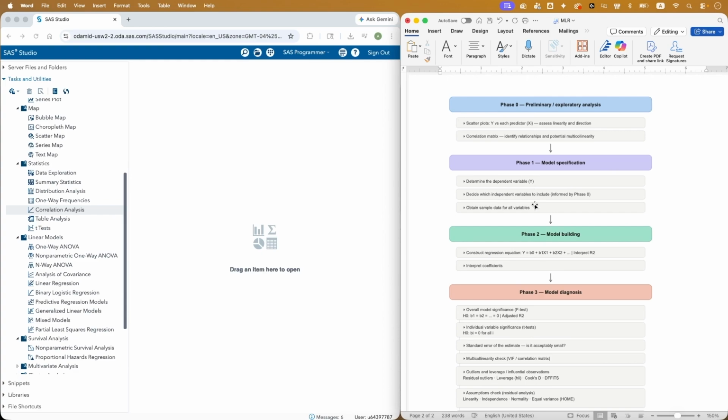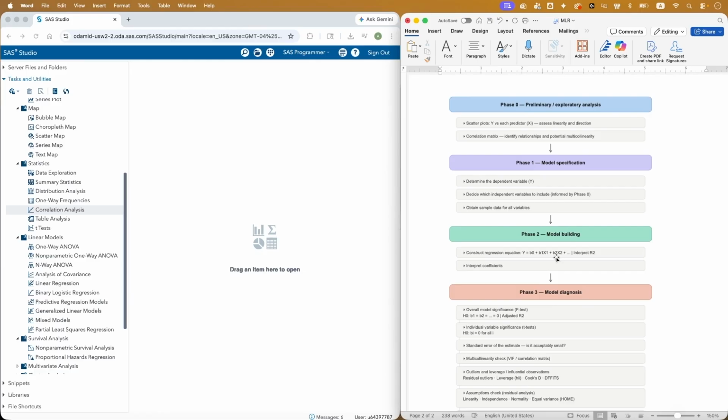Already we did that, so obtaining the sample data doesn't belong to this stage; it belongs up there. After that, we are going to build the model or the equation, because we believe there is some association between the sales and the money that we are going to invest in advertising on the three different media. The equation is going to be something like this.